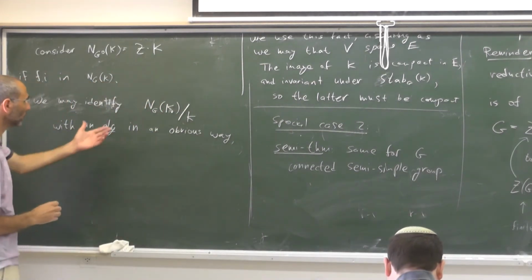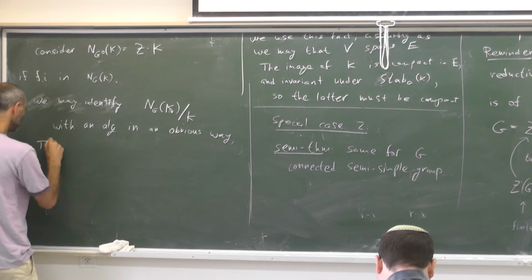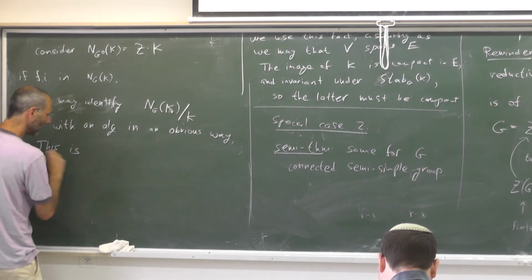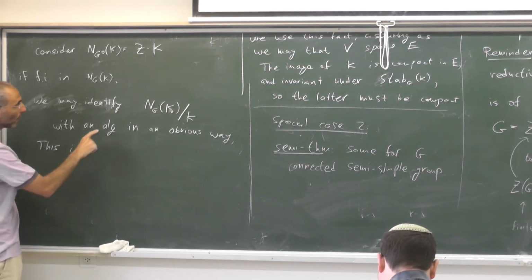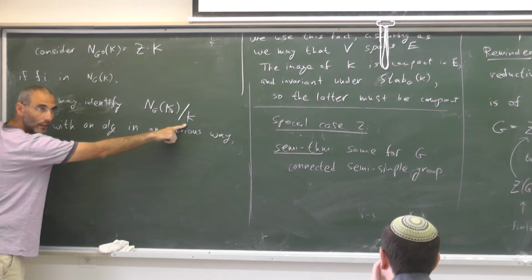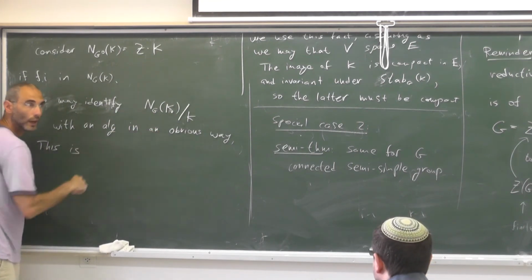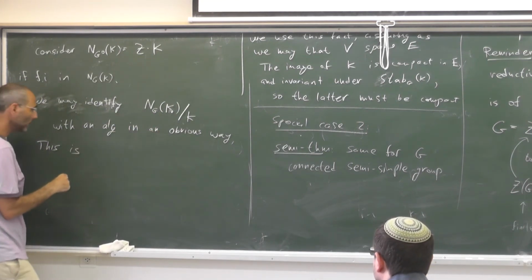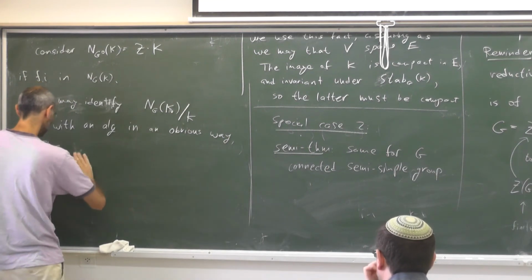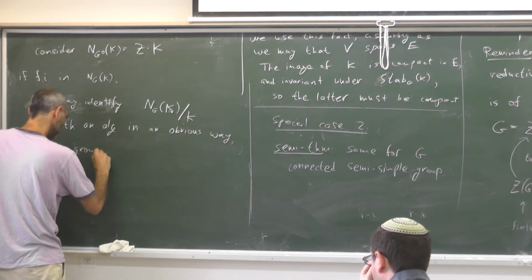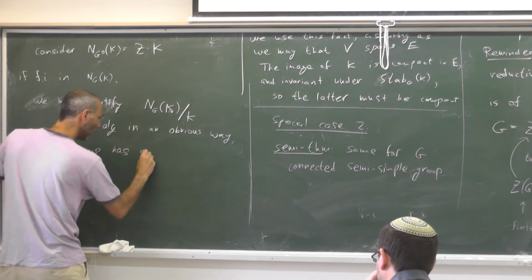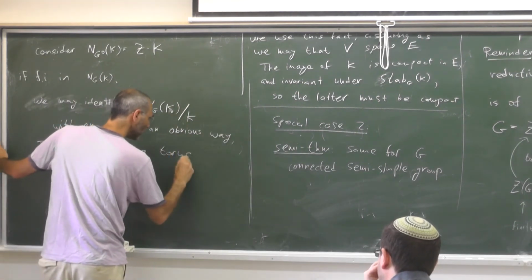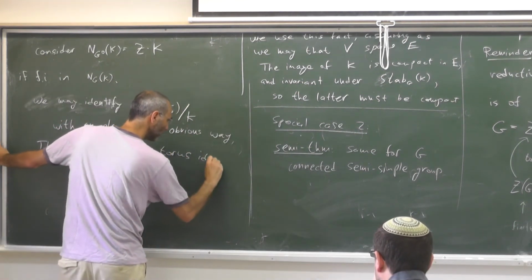I do want to say that after dividing this by K, I'm back in case 1. This group is a torus, identity component.